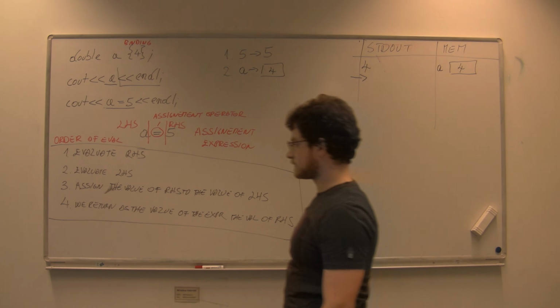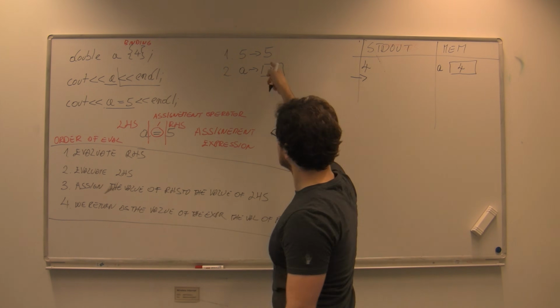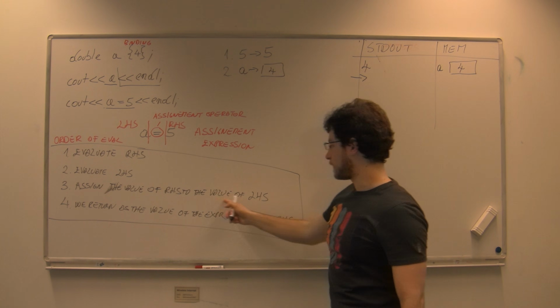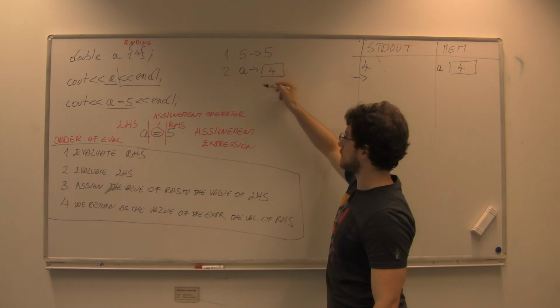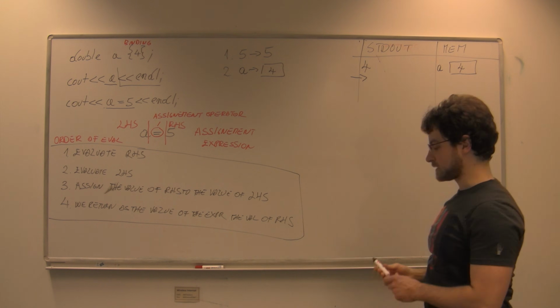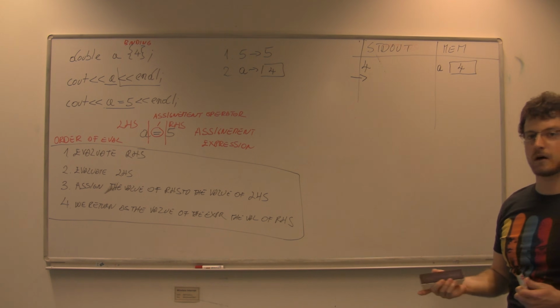The third step tells us to assign the value of right hand side, the number 5, to the value of the left hand side, which is this box. Assigning is equivalent to overriding the contents of a box.